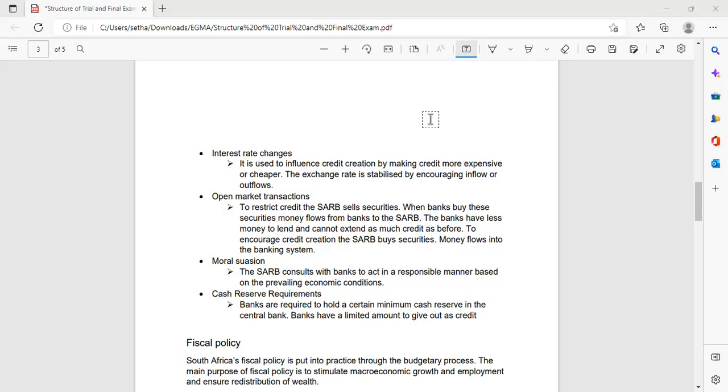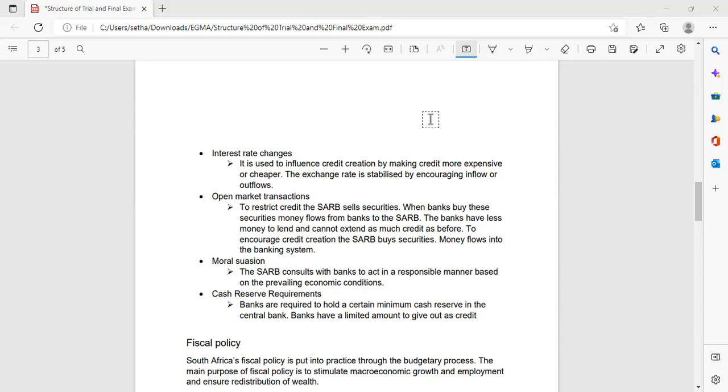So if the South African Reserve Bank increases the interest rate, it means that the banks will also have to increase their interest rates, which will make credit more expensive, therefore decreasing the demand for loans.